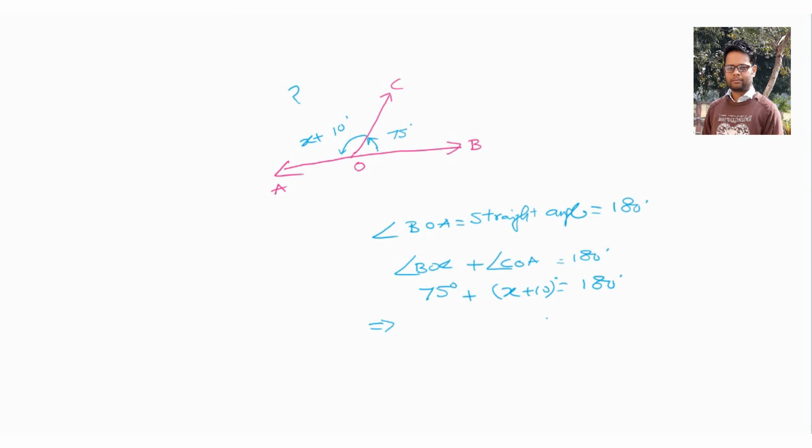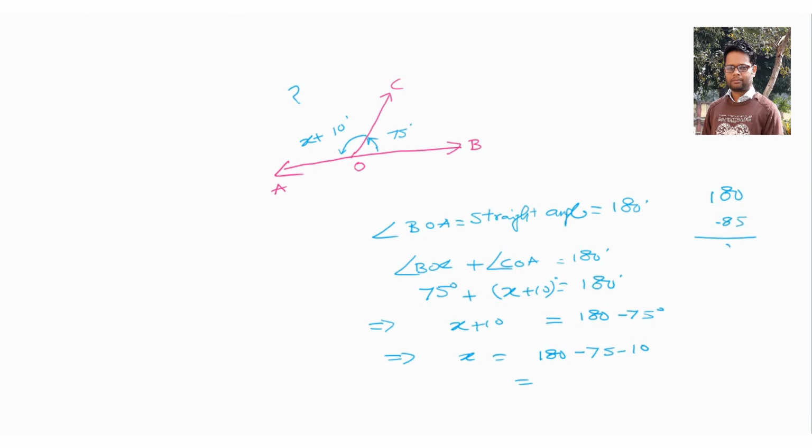So move to this side. X plus 10 is equal to 180 minus 75. Okay. X is equal to 180 minus 75 minus 10. What would happen? 180 minus 75 minus 10, that means minus 85.